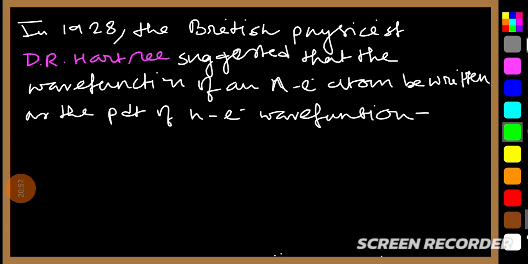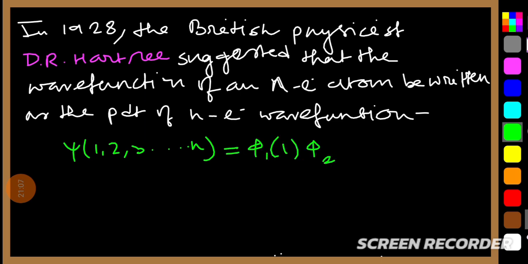That means what? That is psi(1, 2, 3, ..., n) equal to phi 1(1), phi 2(2), ..., phi n(n). Okay.